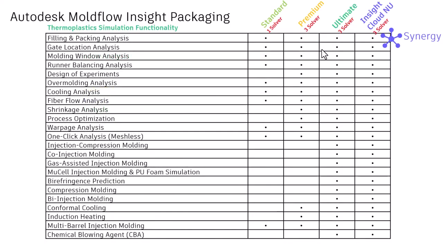And with the Autodesk Moldflow Insight packaging comparison, again I mentioned that the multi-user product still remains, but we have introduced Moldflow Insight Cloud, which we also call Moldflow Insight named user. That again gets 3 solvers as previous as the ultimate bundle. Along with that, we also get access to Synergy as well.